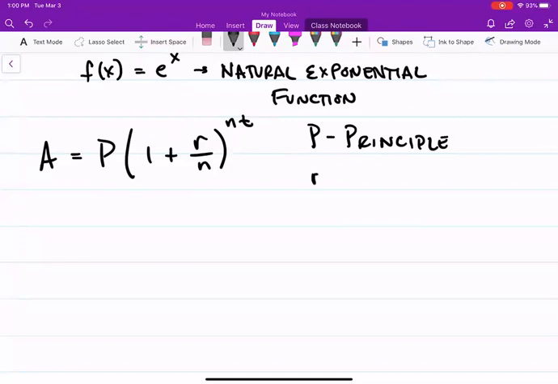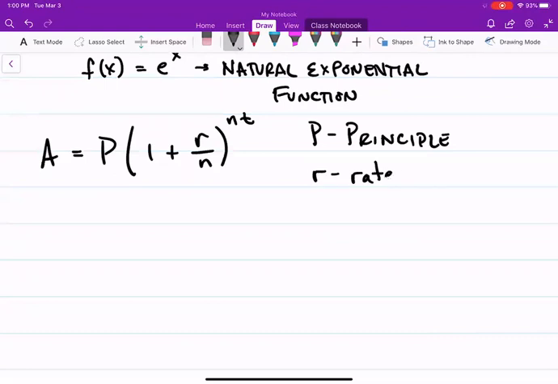What is R? The rate. But this rate is special. It has to be in what form? No, not percent. A decimal. So we're going to have to change the percent to decimal, moving the decimal point twice to the left. What is T?